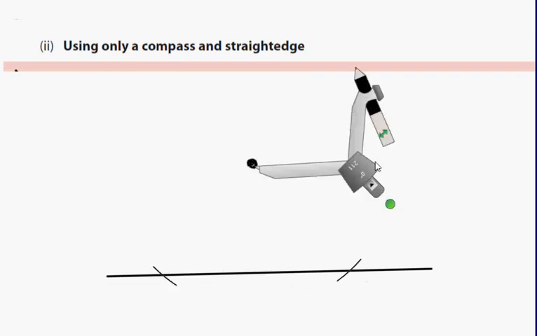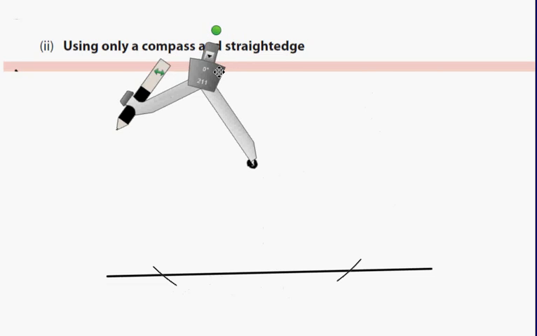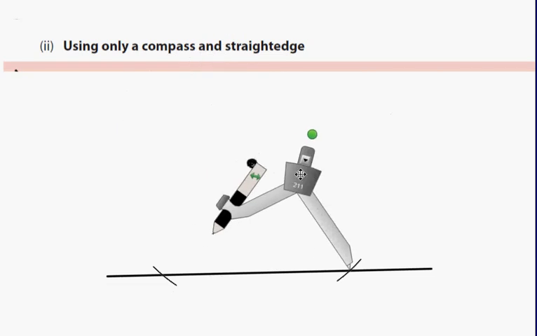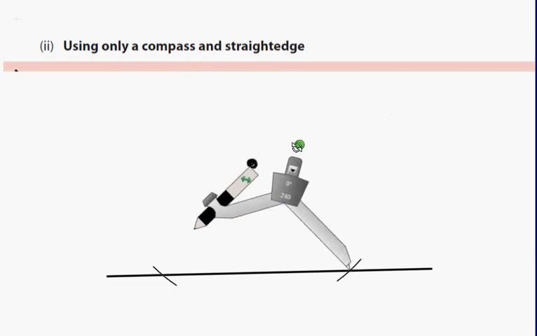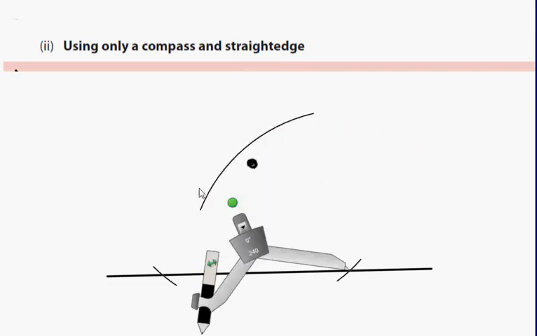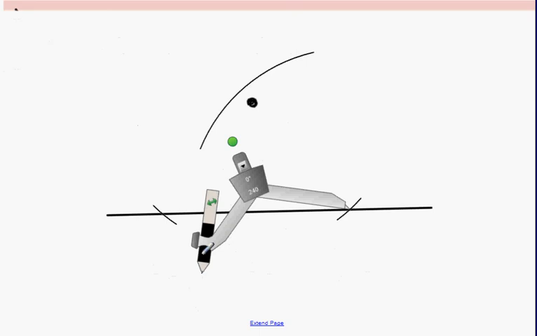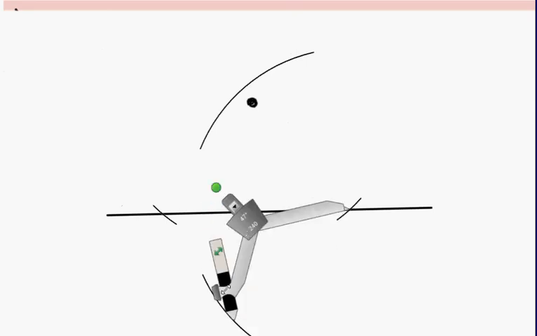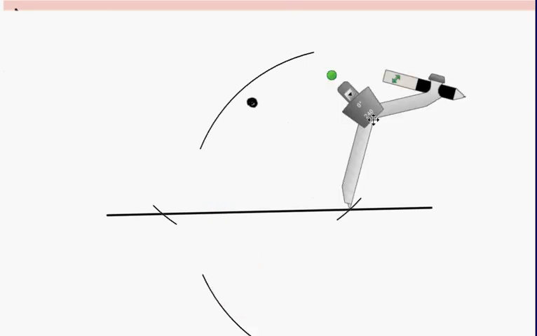Step 2, get the perpendicular bisector. Move over. 1 on top, 1 on the bottom. Step 3, flip it around, do the same thing.